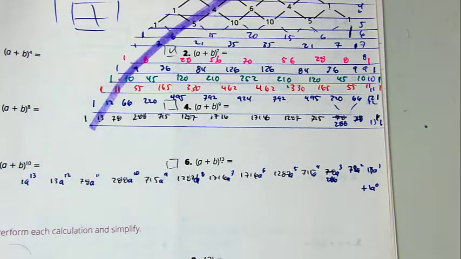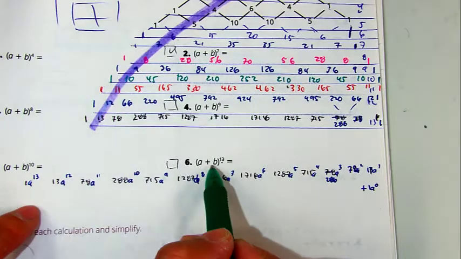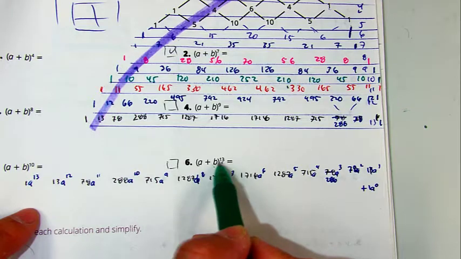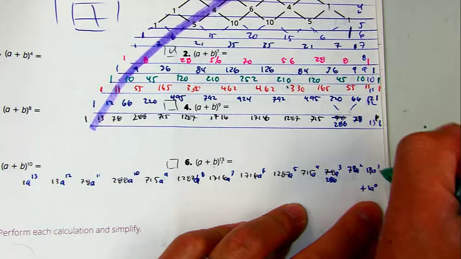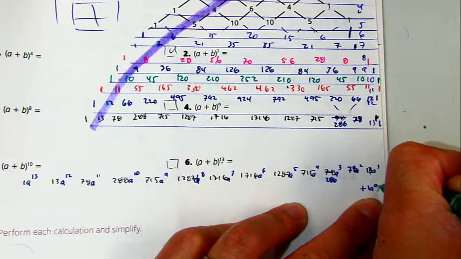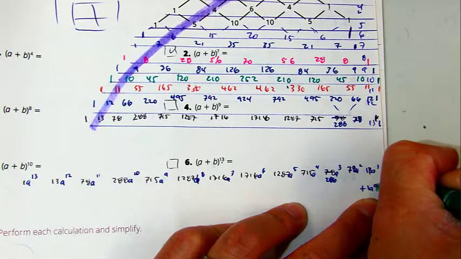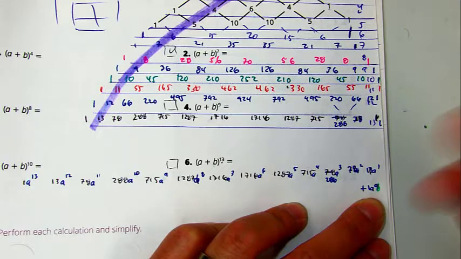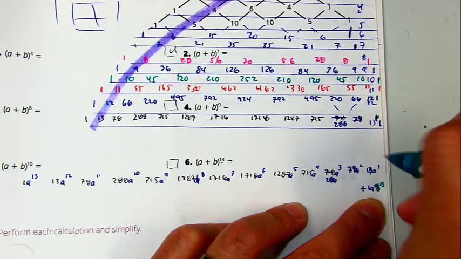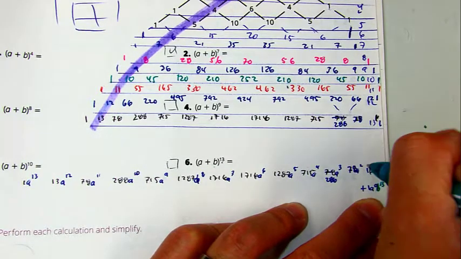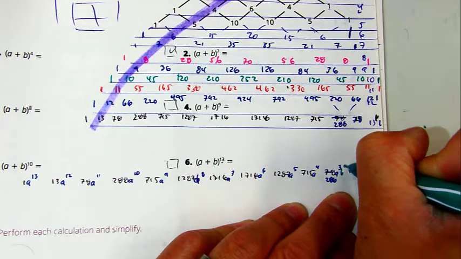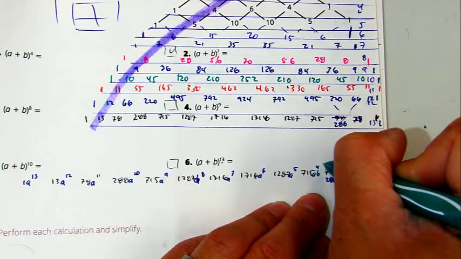Okay, then the last thing we need to do is you're going to go from the b value, and you're going to start at the 13th power on the far right. So this would be b to the 13th. Pick a different color. This will be b to the 12, b to the 11, b to the 10, b to the 9.